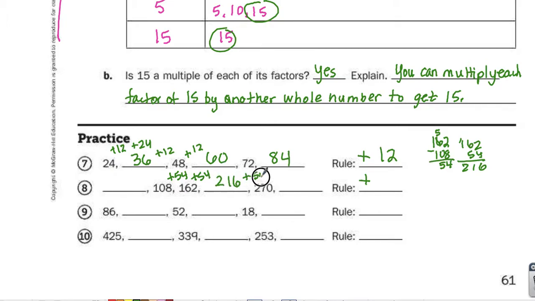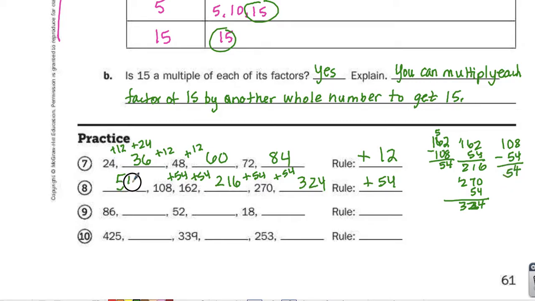And that would work because if I added 54, I'd get 270. Add 54 here. So 270 plus 54 is 324. So now I have to go backwards to figure out the very first one in my list. So I have to do 108 minus 54 to get 54. These must be multiples of 54.